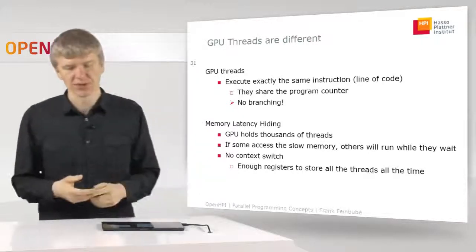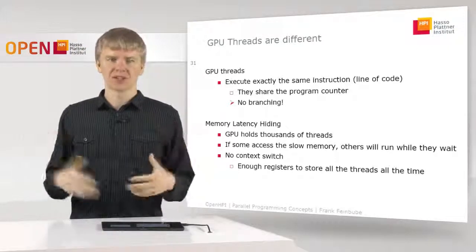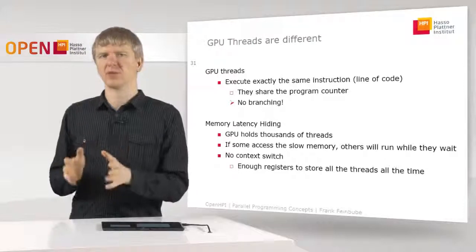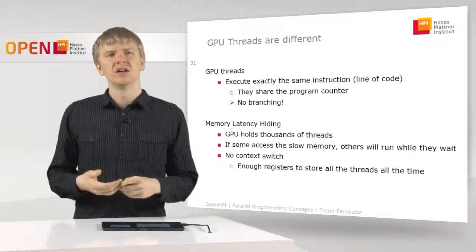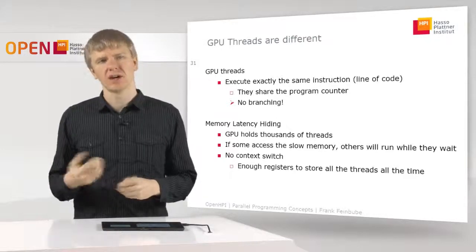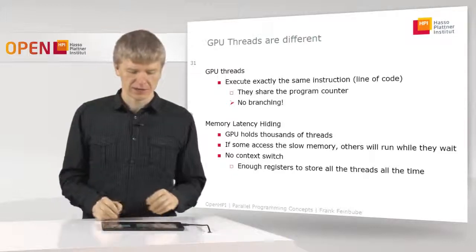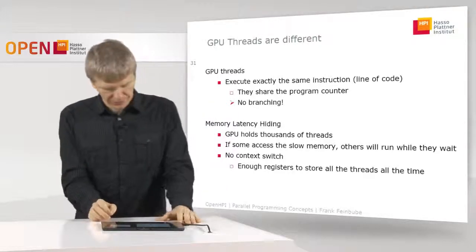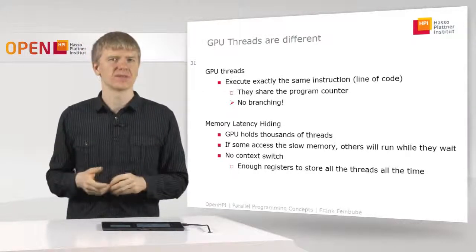The concept to deal with this memory wall here is to have memory latency hiding, where we have so many threads that we could always have runnable threads that are ready to do something. And we have some threads then running when others are waiting for the memory. And this actually means that we need to switch between threads very, very fast.